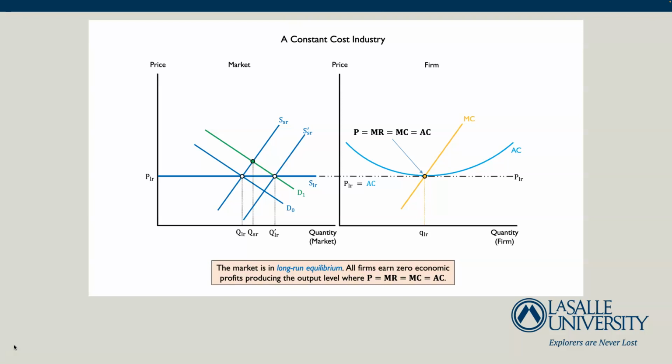And this is kind of the perfect outcome under perfect competition because the prices that consumers are paying reflect the marginal cost of production as well as the minimum average cost of production possible. And that will not be the case under monopolistic competition, monopoly, or other industry structures.